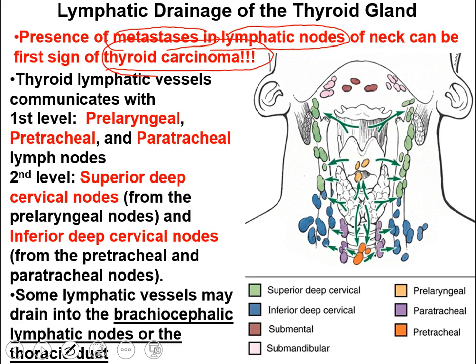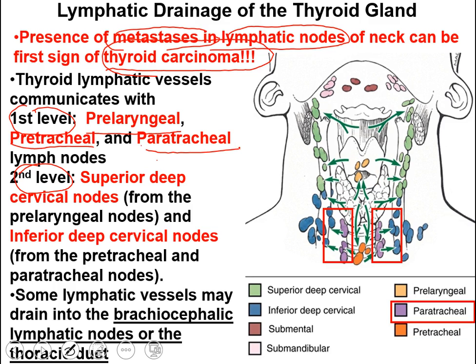Thyroid lymphatic vessels, which are embedded in thyroid gland stroma, communicate with 2 lines or 2 levels of defense in form of lymphatic nodules. First level is formed by prelaryngeal, pretracheal, and paratracheal lymph nodes.